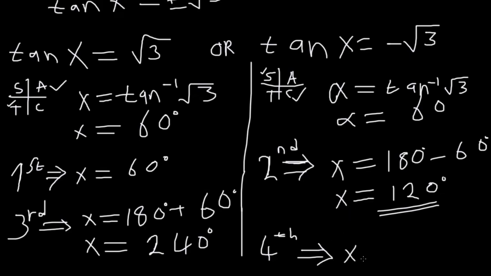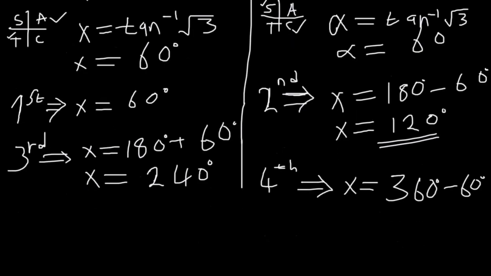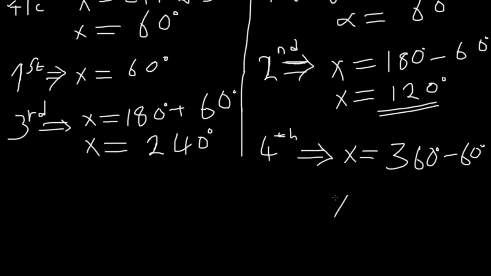Your value of x in the fourth quadrant is going to be equal to 360 degrees minus 60, meaning your value of x will now be equal to 300 degrees.